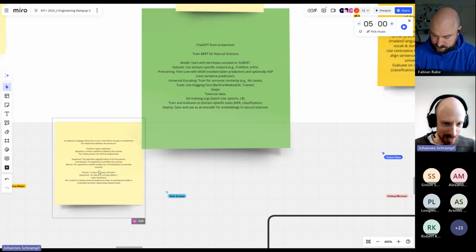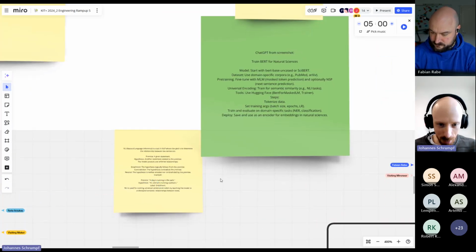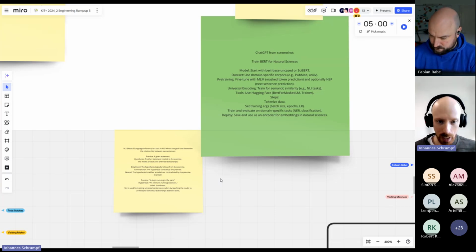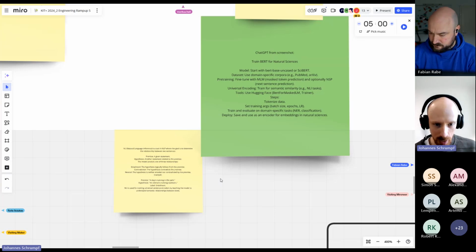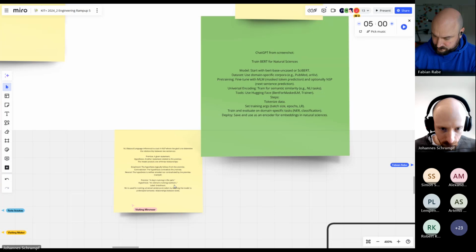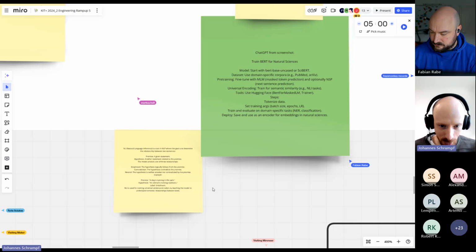NLI is natural language inference. Cool. Okay, nice. Yeah, where the model is given a certain premise and it's supposed to predict three relationships from the statement. For example, a dog is running in the park, and the hypothesis is an animal is running outdoors.